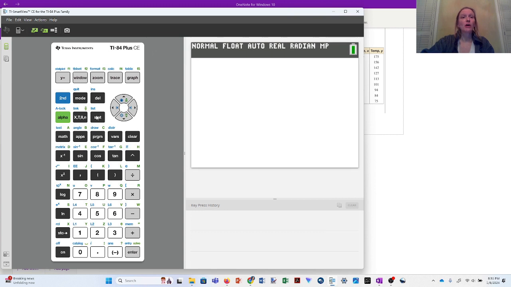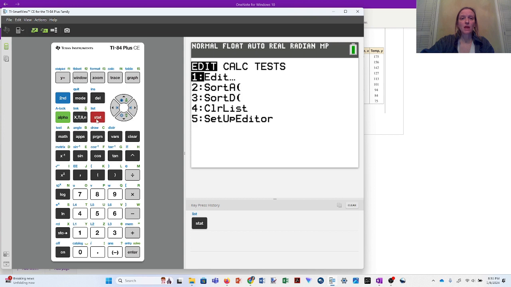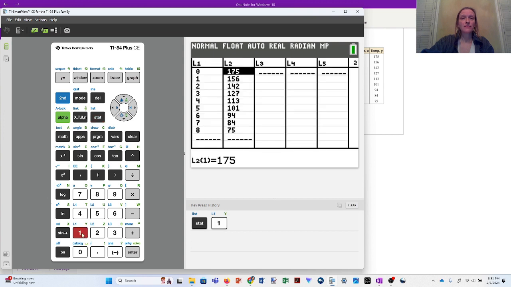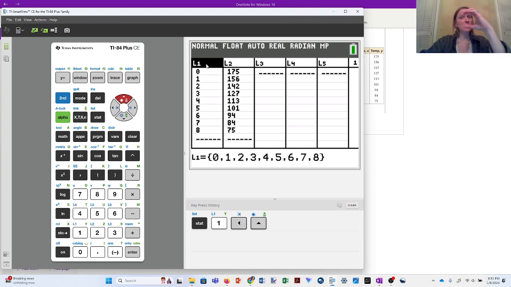Now, if you don't remember how to plot a scatter plot, you go to the Stat menu and you select Edit, and then you can plug in the data from the data table. If there's already data here that you wish to clear, the easiest way is to go to the column heading and then click the clear button.